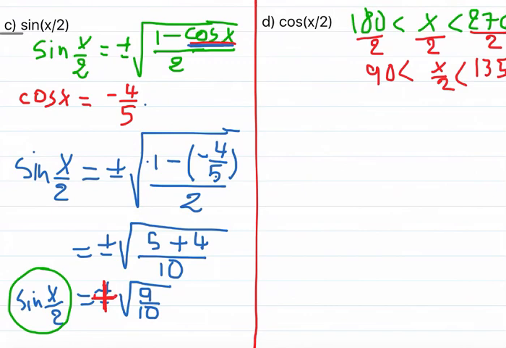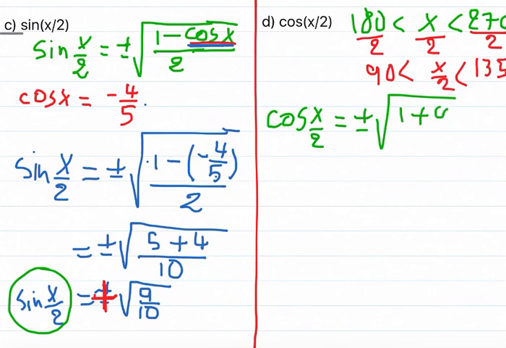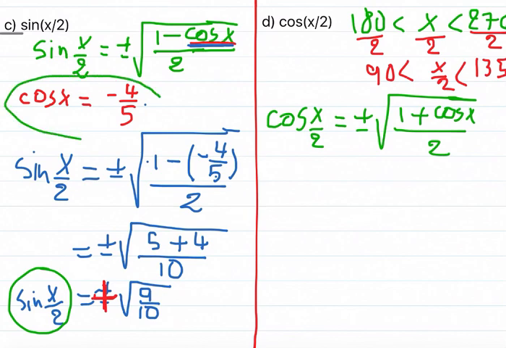Now we go to the other part, cosine x over 2. The formula is cosine x over 2 equals plus minus the square root of 1 plus cosine x, over 2. That's your identity for cosine x over 2. Now just substitute cosine x with the value minus 4 over 5 again.